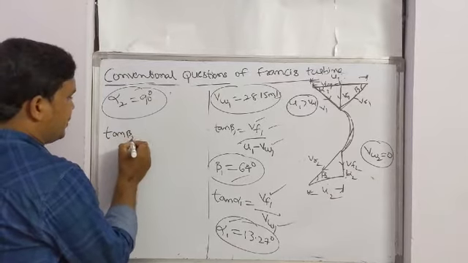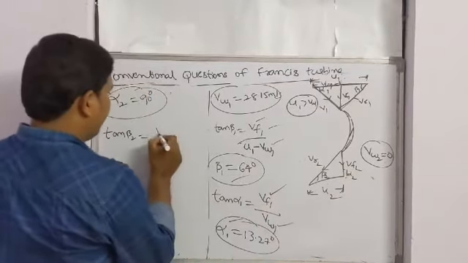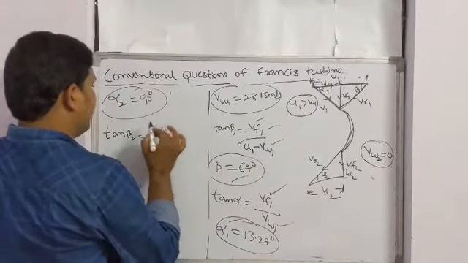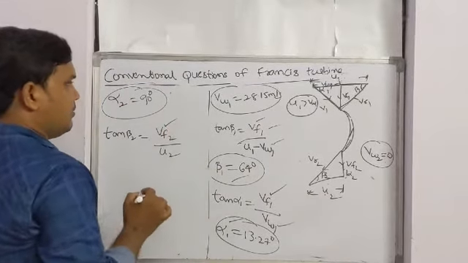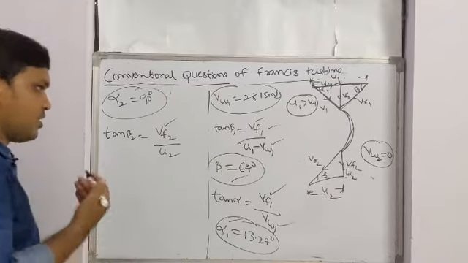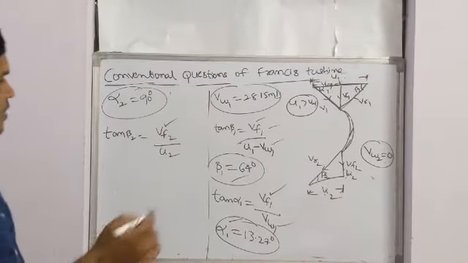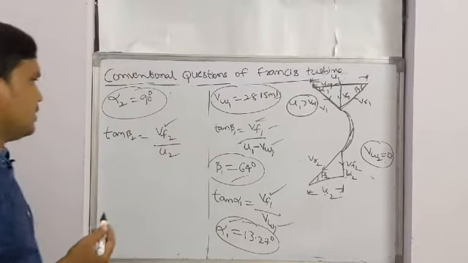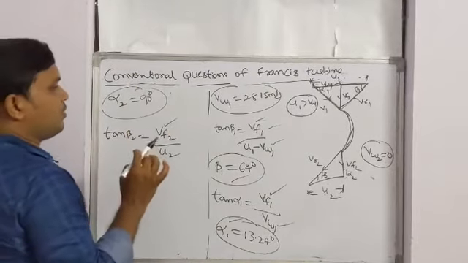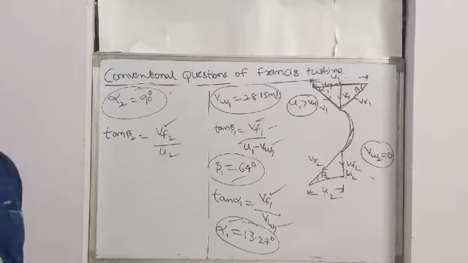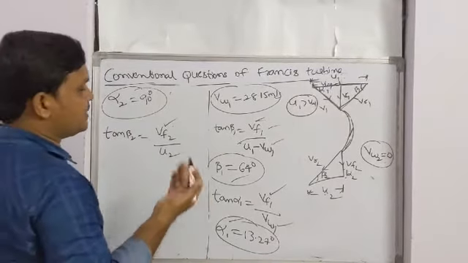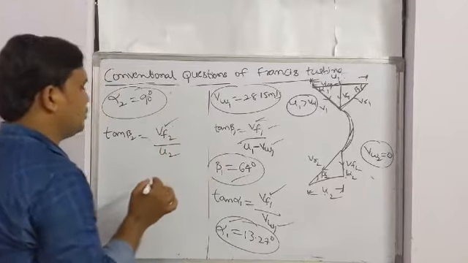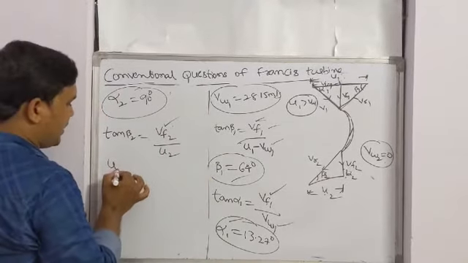Tan beta 2 is equal to the opposite side Vf2 over the adjacent side U2. Vf2 we know, because the flow velocity throughout is constant, as given in the problem. Vf1 we already found, and Vf2 is the same as Vf1. So we should find U2.